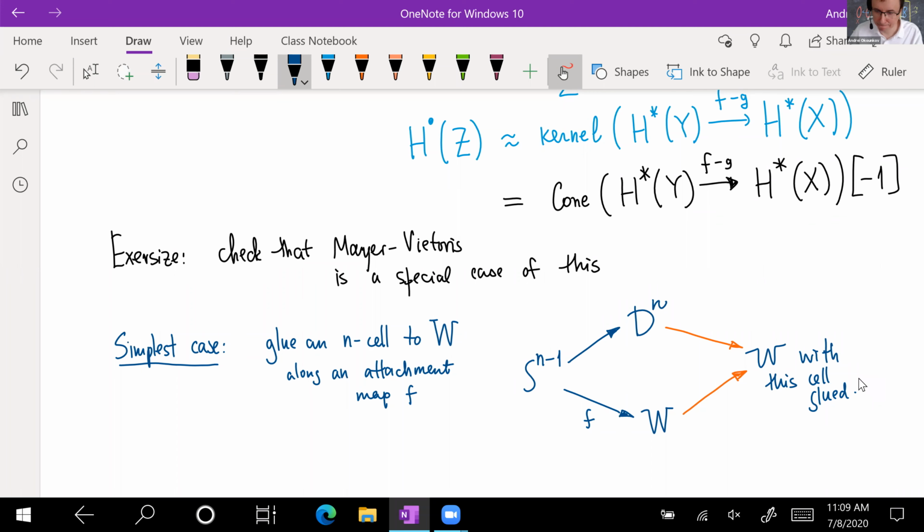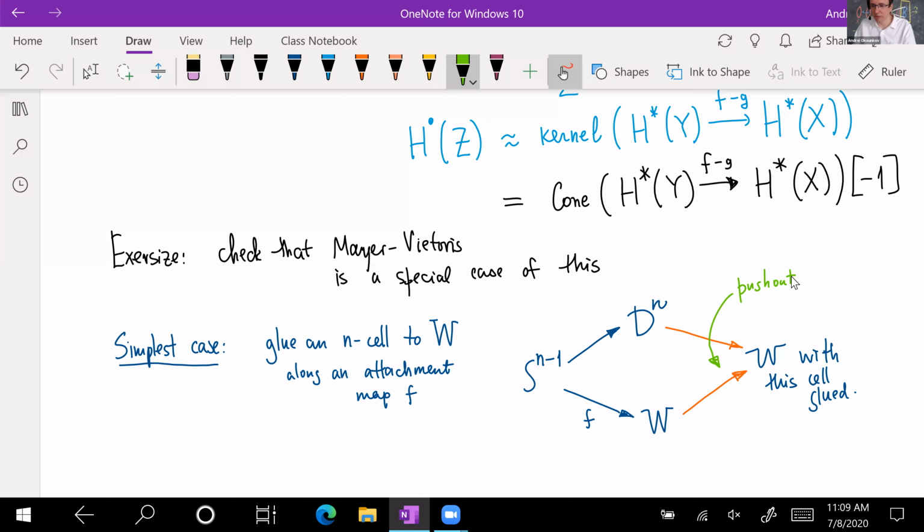There's some notation for pushout, but what I really mean is just this pushout.